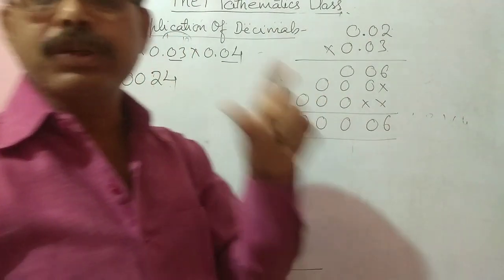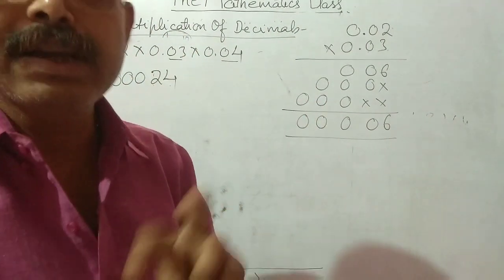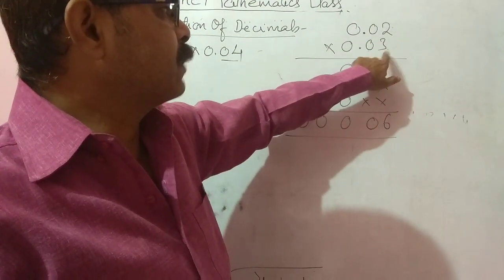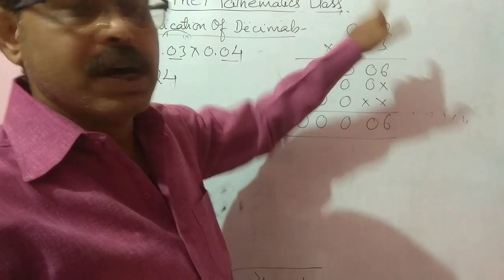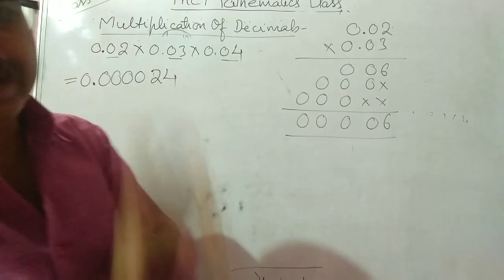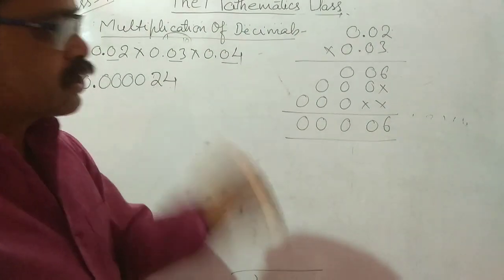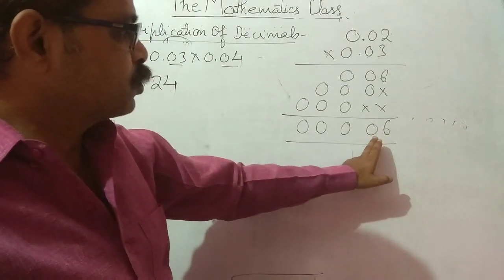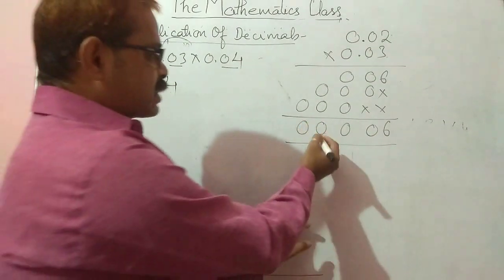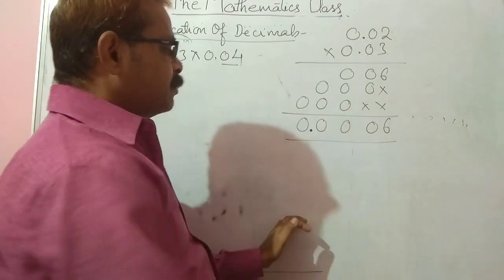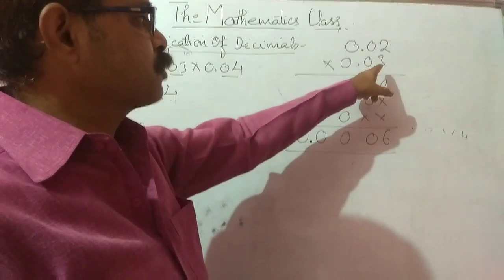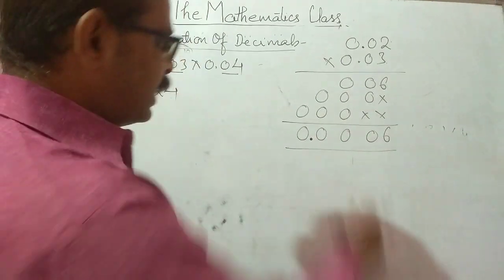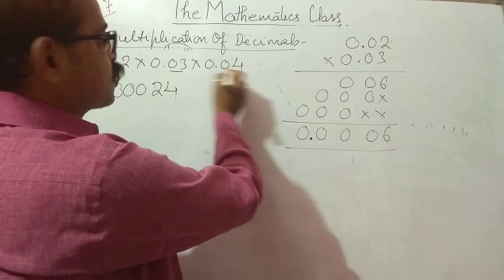We add the total number of decimal places in the multiplication, 2 over here and 2 over here, so 4 digits. In the final value, the decimal will come before 4 digits: 1, 2, 3, 4. So 0.02 into 0.03 makes 0.0006.